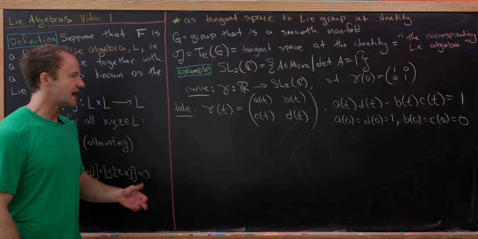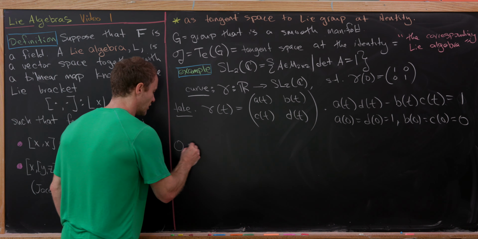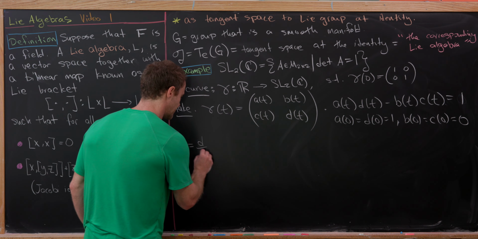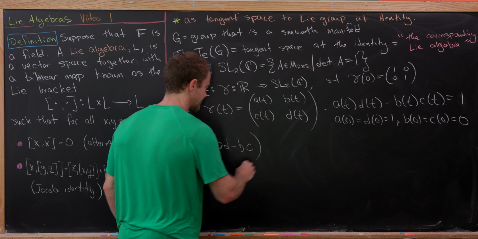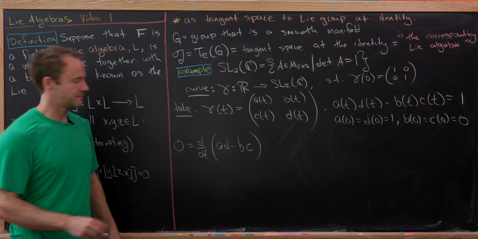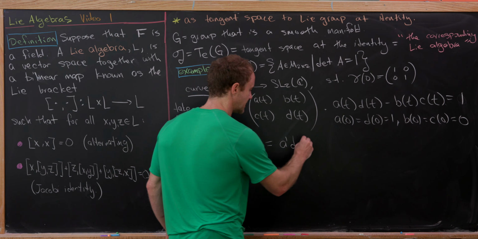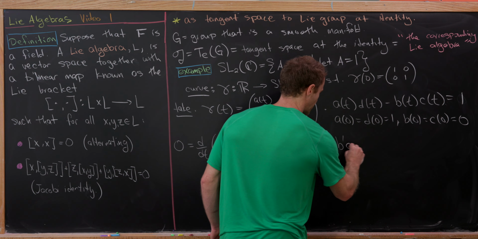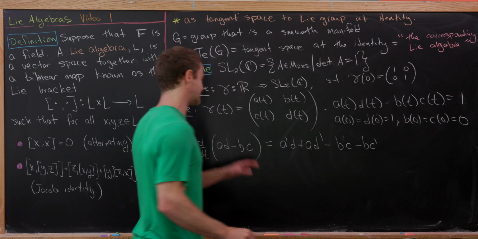And now let's take the derivative of this equation right here. So we'll get 0, because 0 is the derivative of 1, equal to the derivative with respect to t of AD minus BC. I'll leave off the dependence on t for the moment. Using the product rule, we get A prime D plus A D prime minus B prime C minus B C prime, and then that's it.